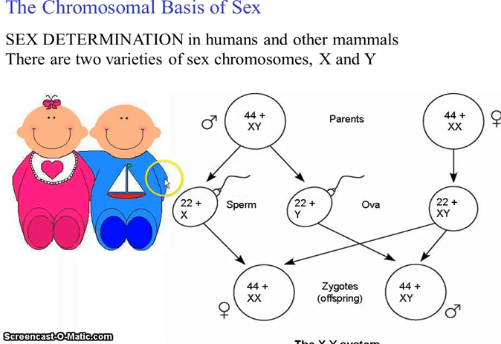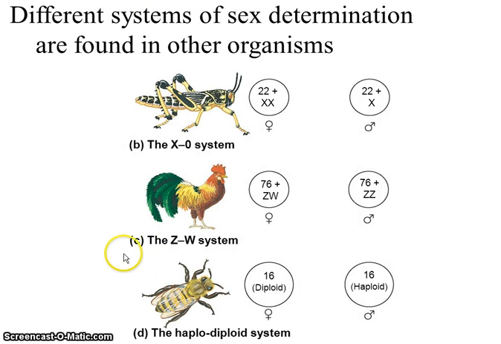So your sex chromosomes are going to be X or Y. So in the sperm, you can either be given the X or the Y, and females can only give the X's. And so as these mix, you can see in here, this is showing how many chromosomes there are. But there are different sex determination systems found.